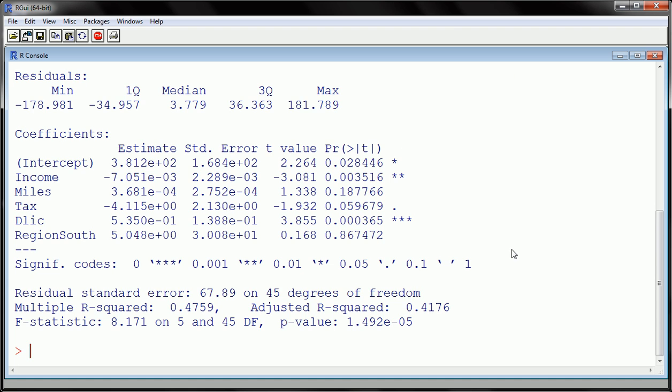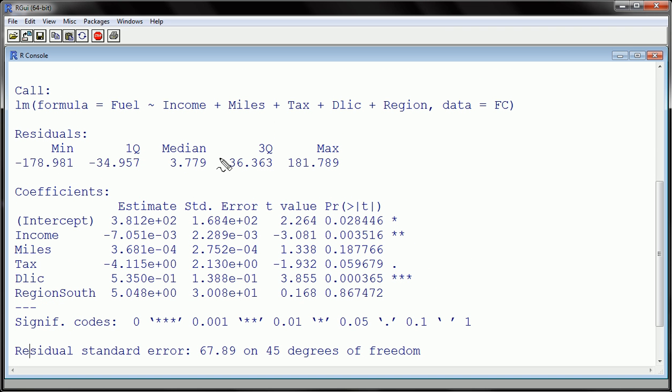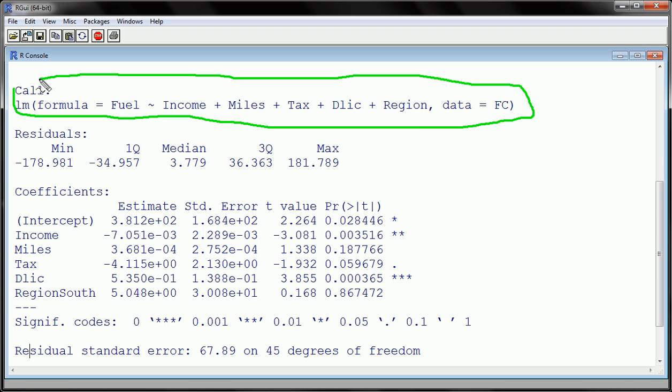And we get a bunch of output, and we'll go through this quickly. Here we get a repeat of what we defined, what we called for. Here's our Y, and here are our X's. So here's X1, X2, X3, X4, X5.